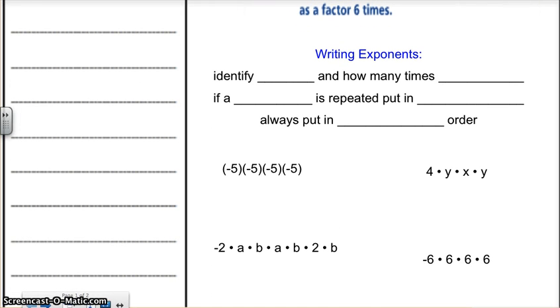Now we will go to writing exponents. We want to first identify what the base is. So you identify the base and how many times it's going to repeat, and that's going to tell us the exponent. And then if a negative is repeated, we put it in parentheses.